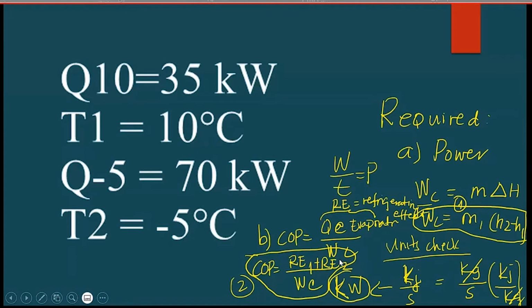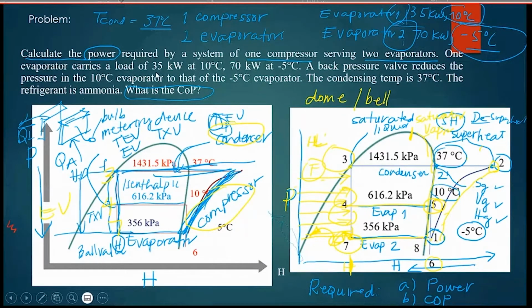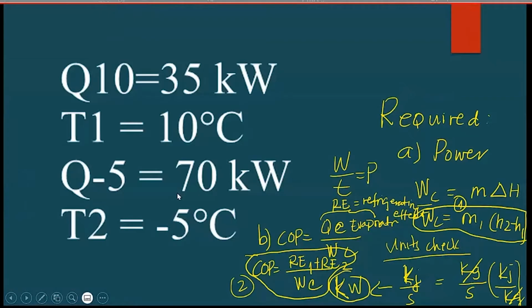Okay, so we continue. Here at the slide, we were given the known data. It is given in the notation Q10 is 35 kilowatts. And what is Q10? Here, the first evaporator, you see this 10 degrees centigrade, and the heat there is 35 kilowatts, meaning the heat load. So this is the given.